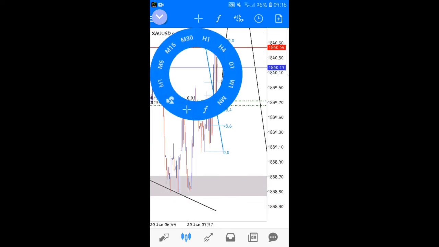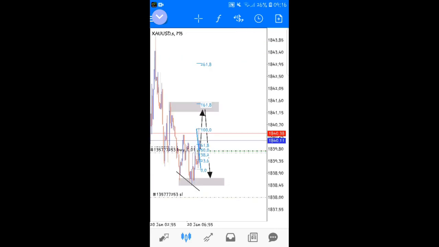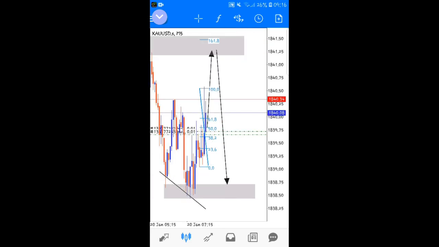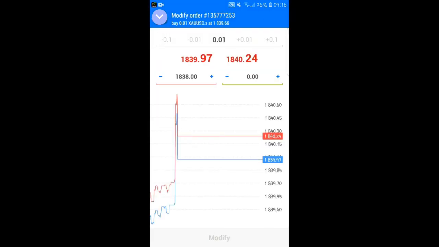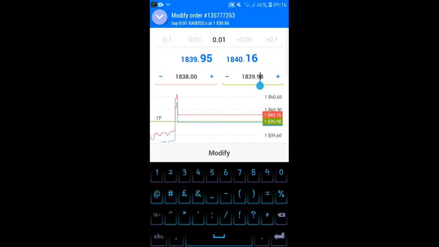Let me go to M5. So we are going to take profit at this level here, 161.8, which is 1841.48. So you take some profits there.